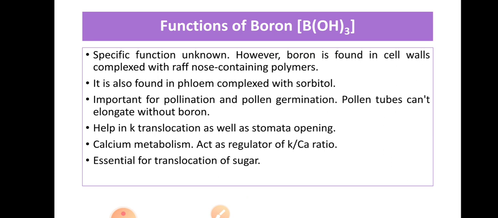Pollen tubes can't elongate without boron. Boron help in potassium translocation as well as stomata opening, calcium metabolism. Boron act as a regulator of potassium-calcium ratio in the plant. It is essential for translocation of sugar.